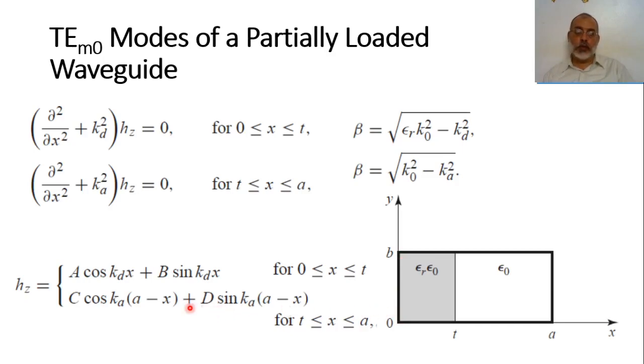There is no problem at all if you assume that it is cosine ka x and sine ka x. It will be some sort of transformation of coordinates in this case. So we prefer to use this solution such that the second equation mainly depends on the boundary condition at x equal a.